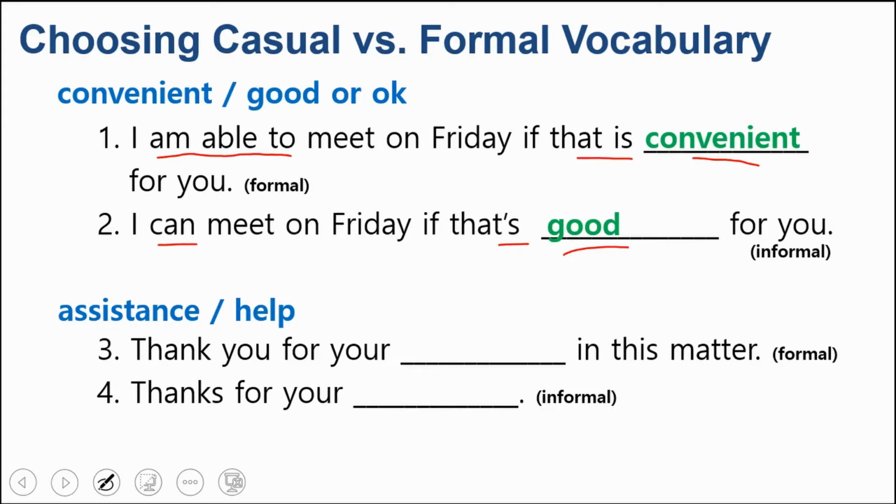That's one of the rules we talked about in the last lesson. Don't contract in formal writing. That is a very common rule. So there are obviously some other changes to sentence number 1, but it also shows that convenient is more suited for this sentence than good. Okay? So our next pairing is assistance versus help. And as we saw in a previous slide, assistance is more formal than help.